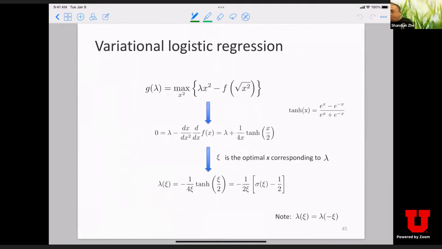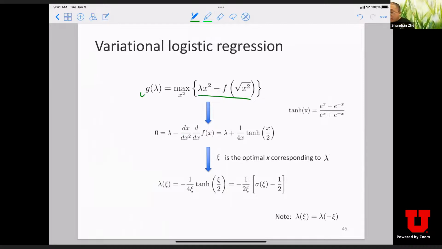So now we want to see how we can get this g of lambda. We know that it is a maximization of lambda x squared subtracted by the f function, if you view it as a function of x squared.